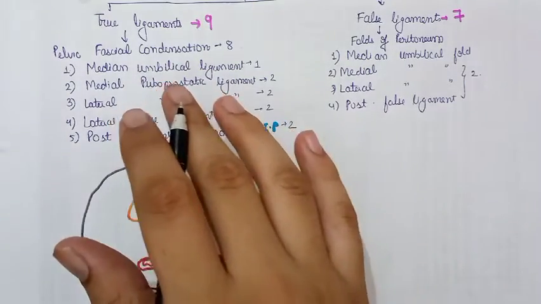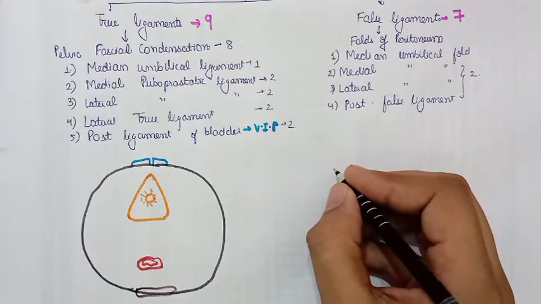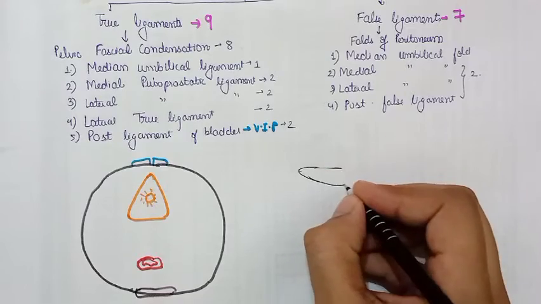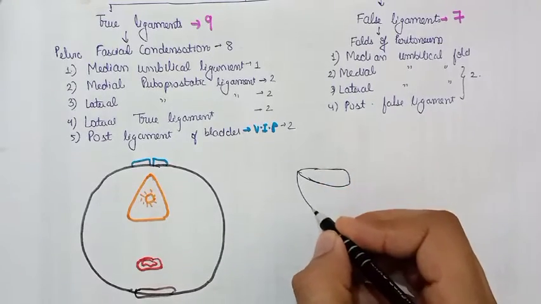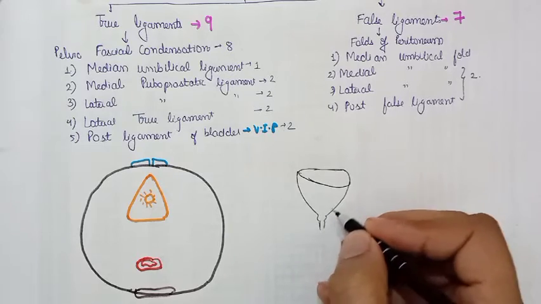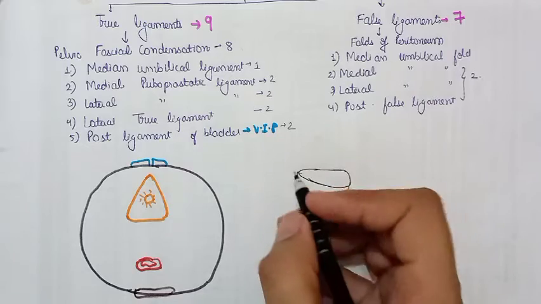For understanding this, we have to draw another diagram from the sagittal view. We will see this is the tip of the bladder, that is the apex of the bladder. Here is the base. We are proceeding down towards the neck, then it's converting to urethra. Here it is present at the back of the pubic symphysis.